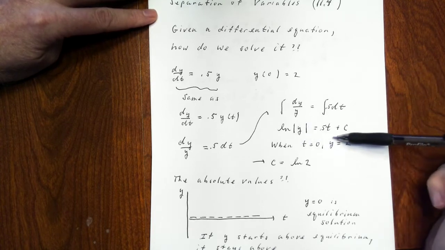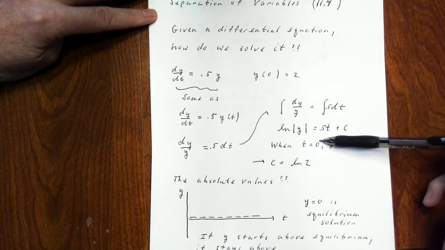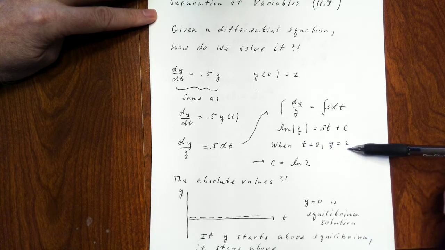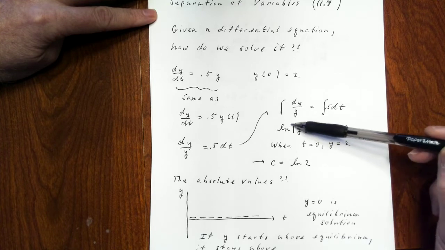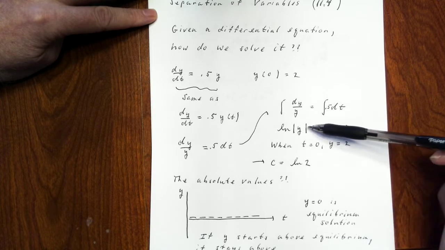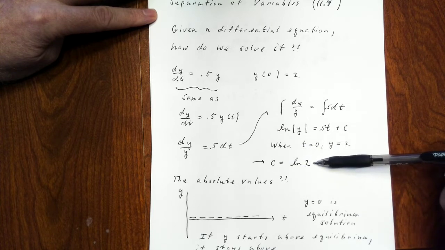Now, to figure out this constant, we use the initial value. We know that when t is 0, y should be 2. So if we plug 0 in for t here and 2 in for y, that tells us that c is the natural log of 2. So we know the value of c.